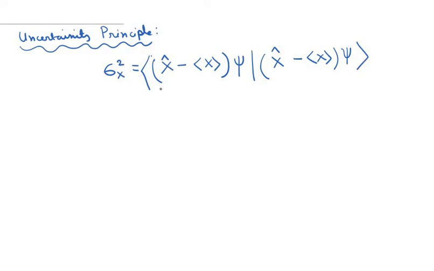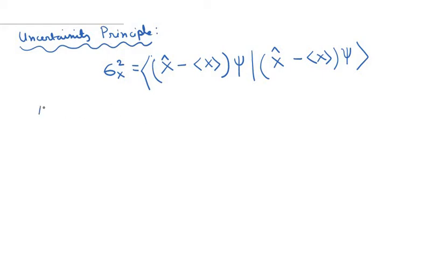This is the uncertainty in the measurable value of this operator x for the wave function psi. It is the standard deviation of this measurable quantity over the wave function psi.